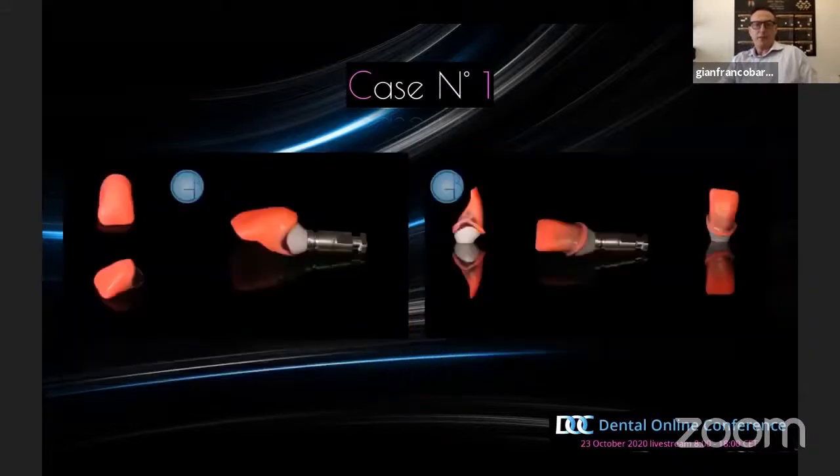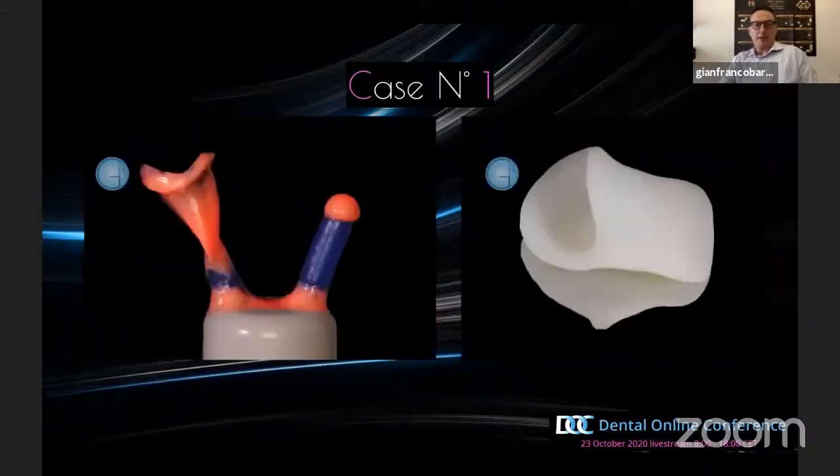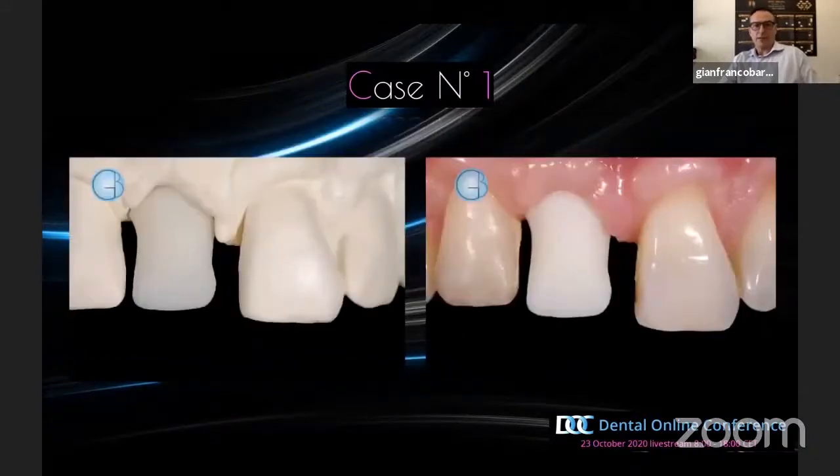Shape it and then process it with the normal press oven. Try it in the mouth, and at this point we can start to shape the gingival contour.